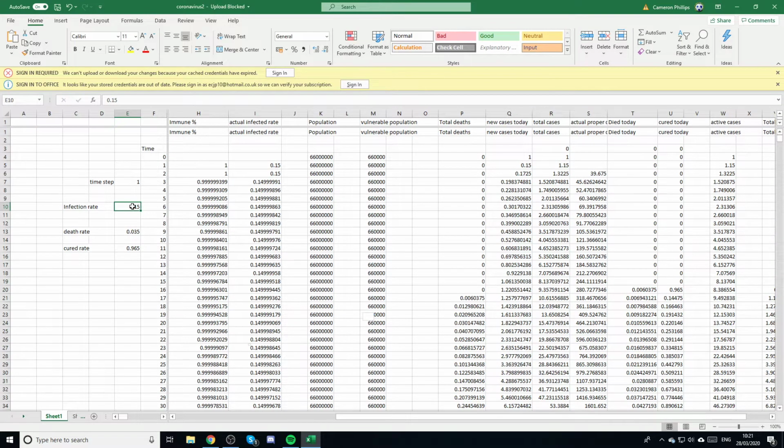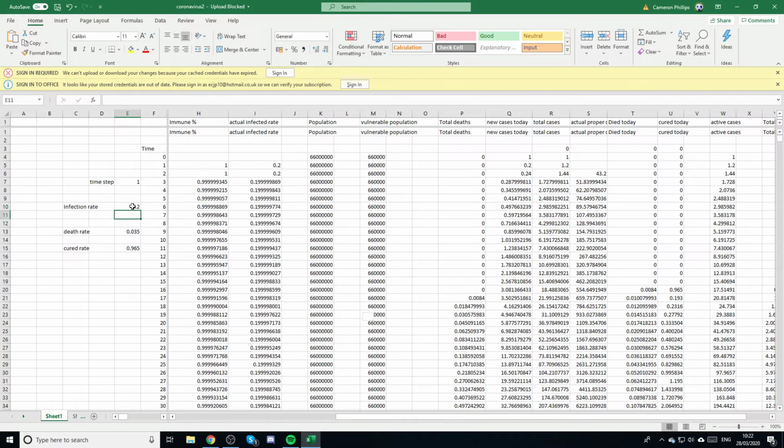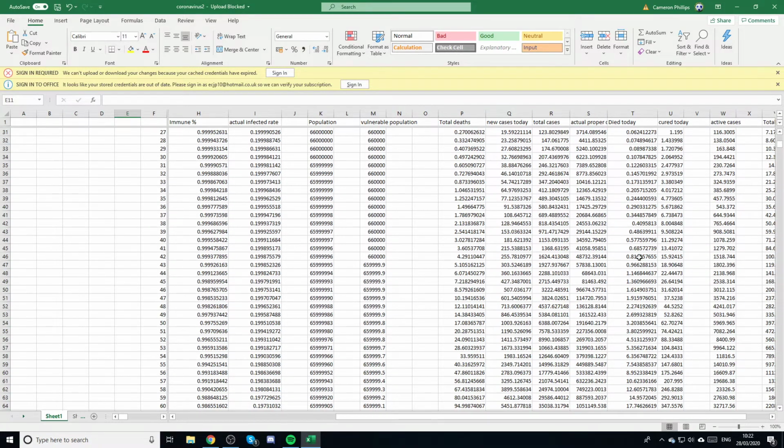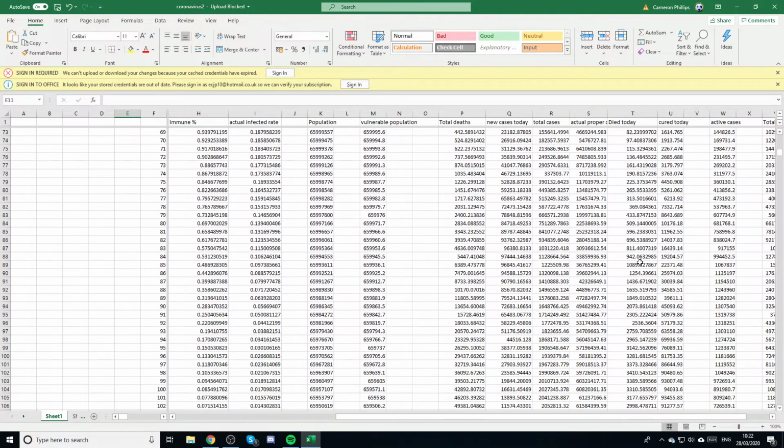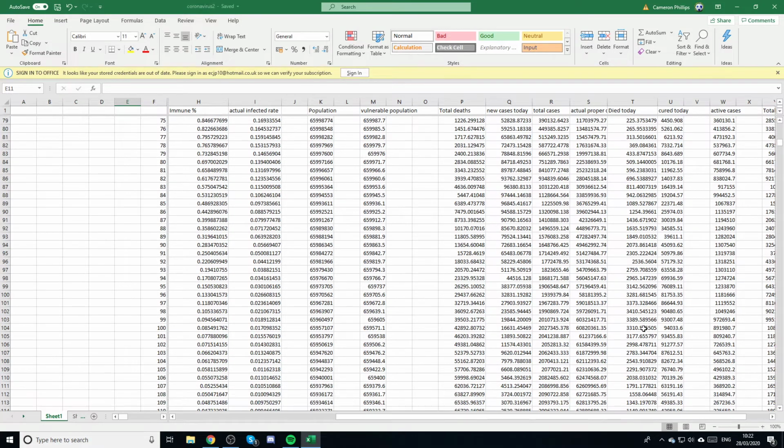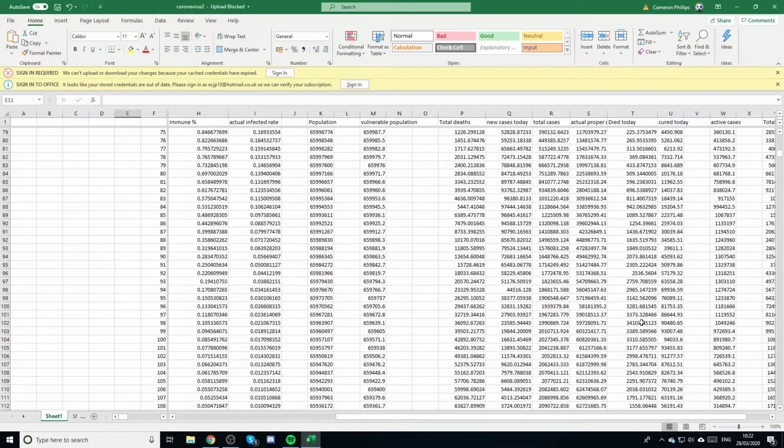But we got things late. An infection rate of 0.2. Our died today figure peaks at 3,400. Day 100.